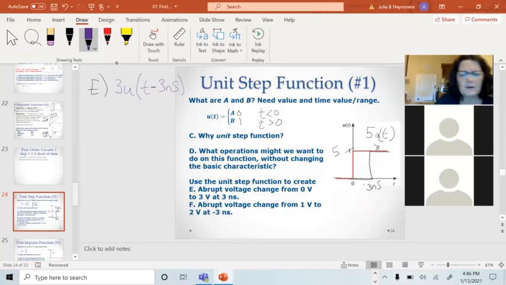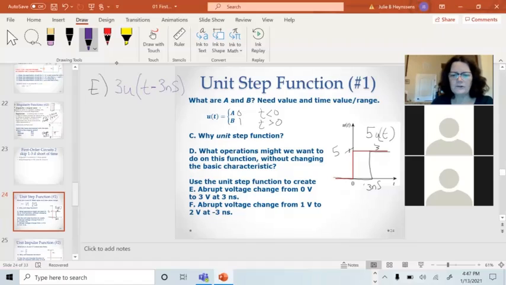So if I want something that switches on at 3 nanoseconds, I need to have my 0 transition at 3 nanoseconds. If I plug in t equals 3 nanoseconds, I get 3 nanoseconds minus 3 nanoseconds, which is 0, and my transition would occur right at 3 nanoseconds.